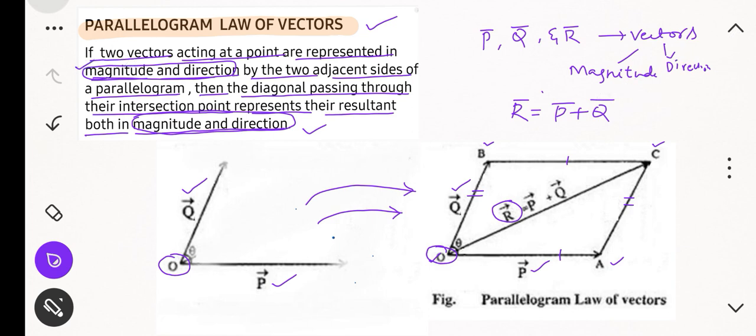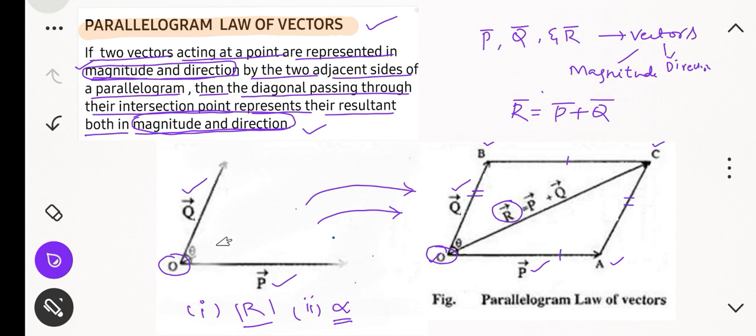Next we have to derive, first, the magnitude of the resultant, that is the magnitude of the resultant R bar, mod or modulus of R bar, and the direction alpha. We have to calculate the magnitude of the resultant and the direction of the resultant.